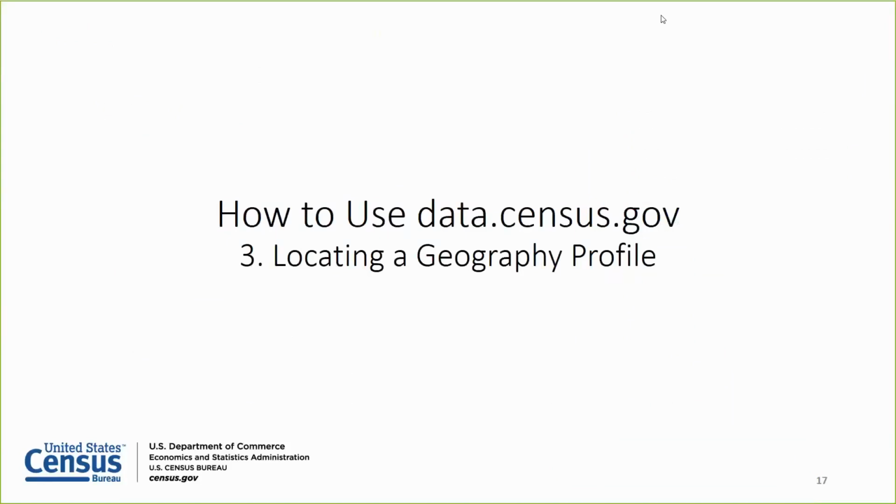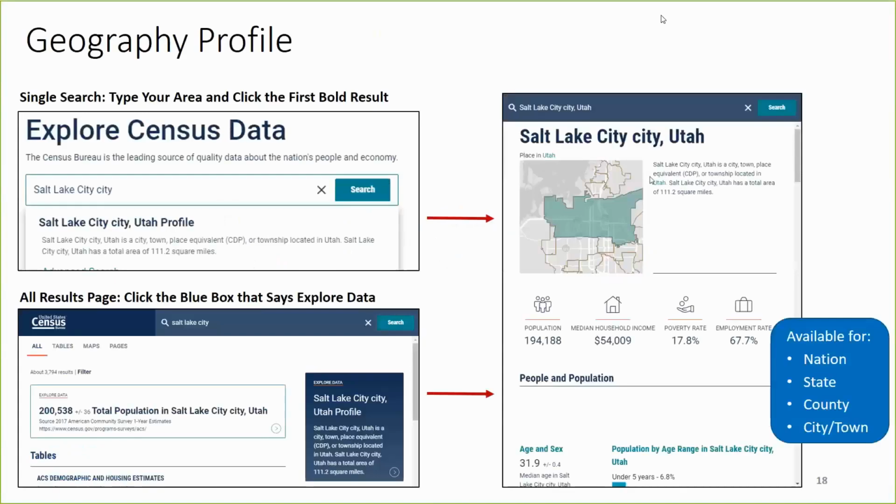So to locate that geography profile, you have a couple of ways of doing this. When you're in the single search bar, if you're just typing in a geography, one of the pop-ups will come up, and you're able to click on it from there.